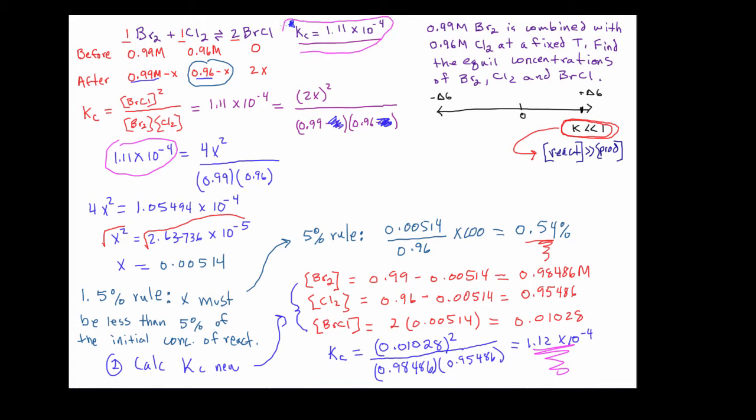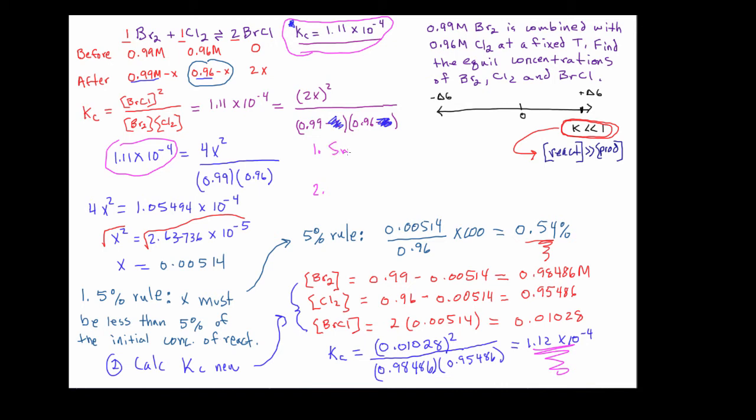All right, now to finish the video, there's two things that you need to be aware of when you're going to use this technique. So way back here at the beginning, when we made the decision to neglect x, to neglect x, you need two things.